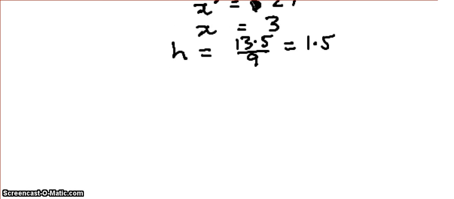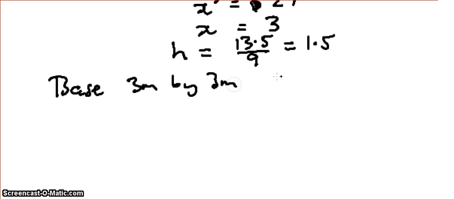So finally, let's have a look. What are we trying to find for the answer? The question says find the dimensions. So the dimensions are the base, which is x by x, 3 meters by 3 meters, and the height is equal to 1.5 meters.